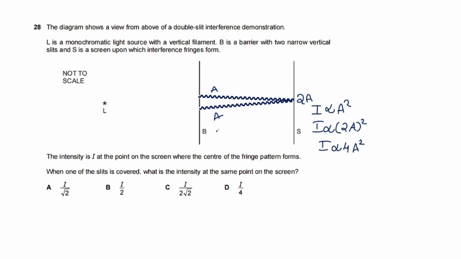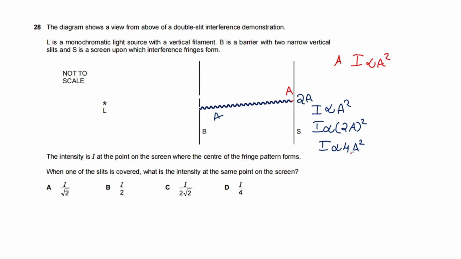Now let's consider that one of the slits is covered. If the slit is covered, the amplitude of the wave at this point would be only A, since only one wave is incident at this point, right? So the intensity would be proportional to A squared only.